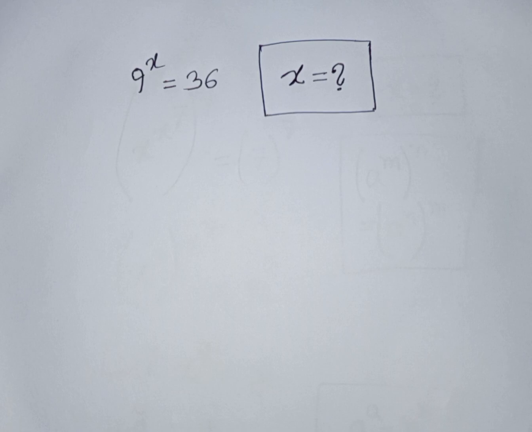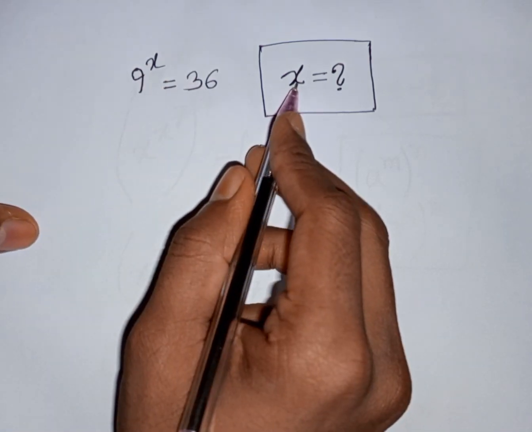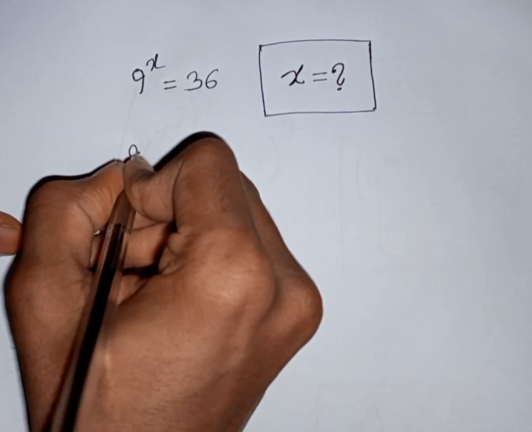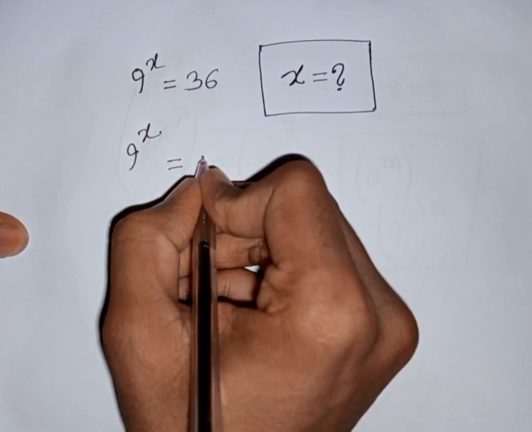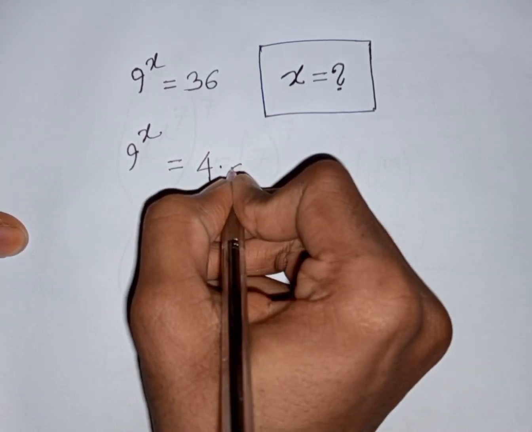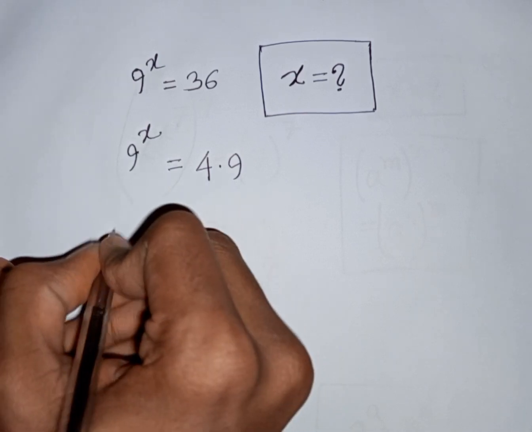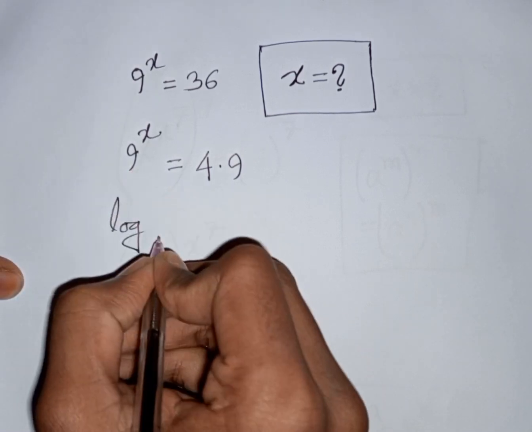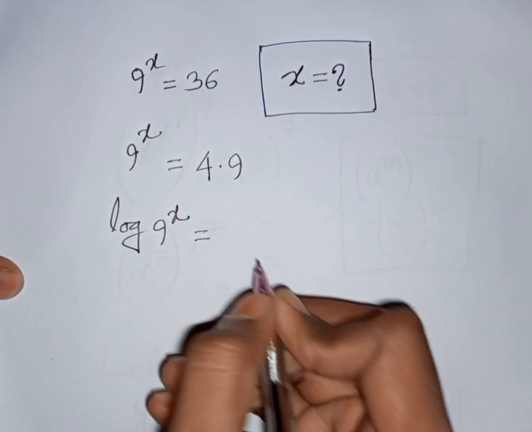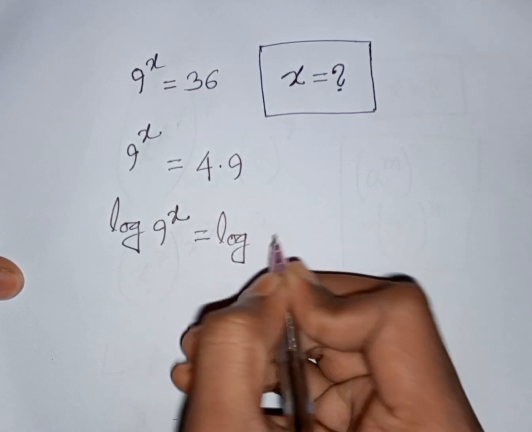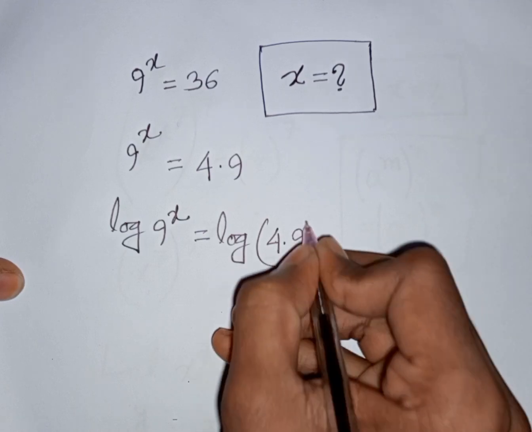This is how to solve 9 power x is equal to 36. Find the value of x. So we have 9 power x is equal to 36, which can be written as 4 times 9. Now we apply log on both sides. So you can write here log of 9 power x is equal to log of 4 times 9.